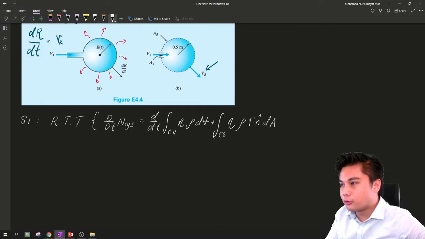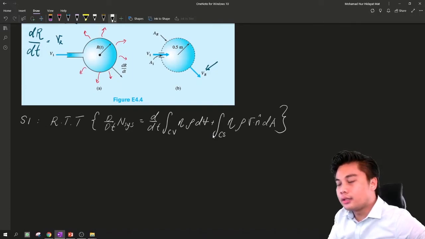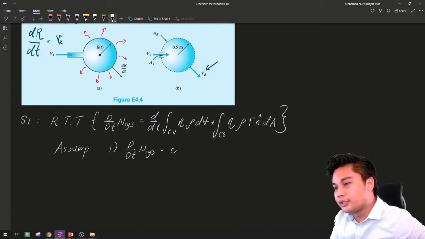Right? So from here we make the assumption that the total flow of the system is steady. Alright, assumption number 1 is the total flow of the system is steady. D over dt of the system is equal to 0. It is steady flow.